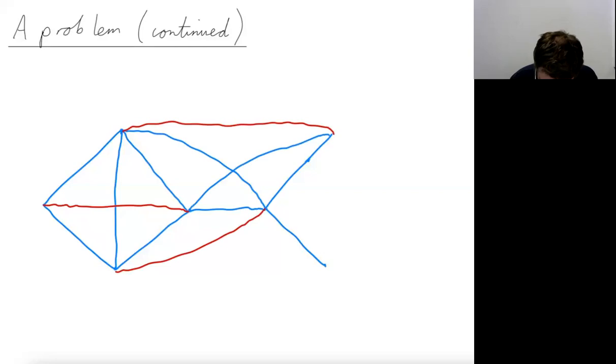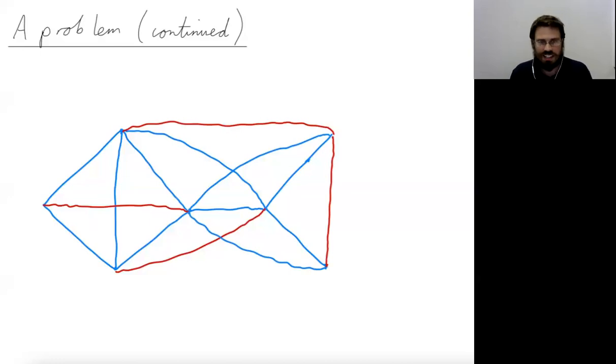So now he plays this edge. And you have to block it again. You have to block by putting in an edge down here on the right-hand side.